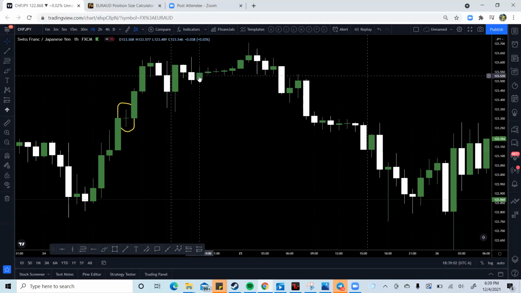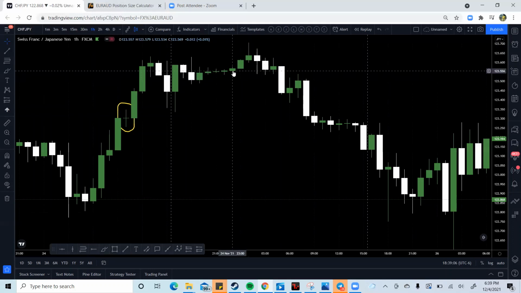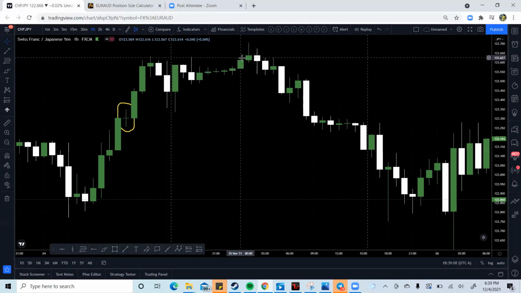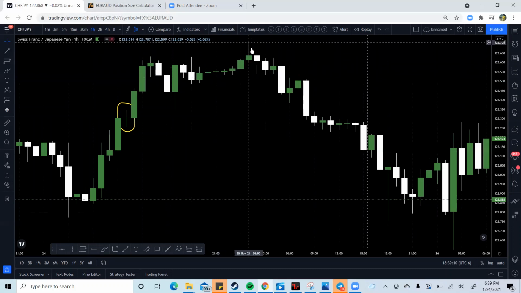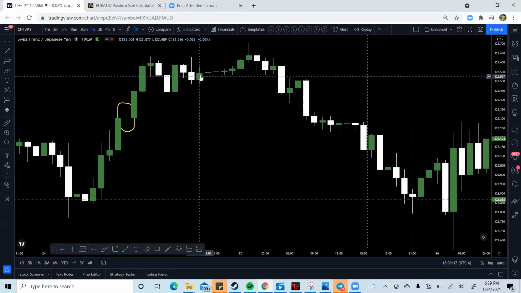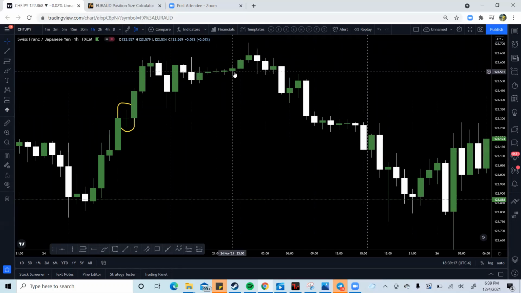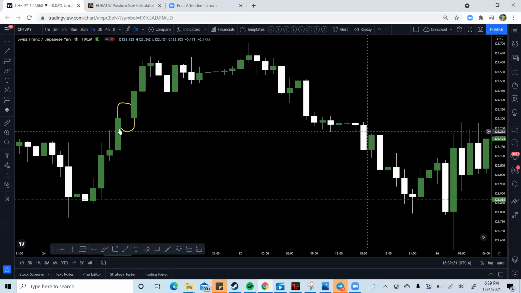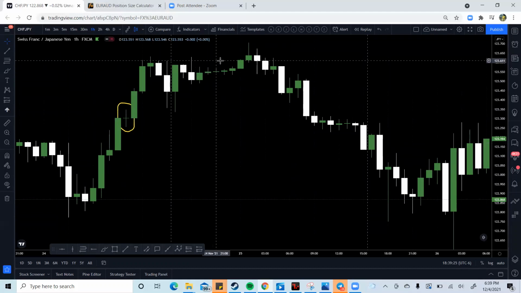You had some small candles, but you see doji, doji, doji, doji, an actual bullish candle, and then a pin bar. So this tells you that there's indecisive movement, but some bullish movement. So would you think that this is stronger or this is stronger? Obviously, this is stronger bullish momentum.